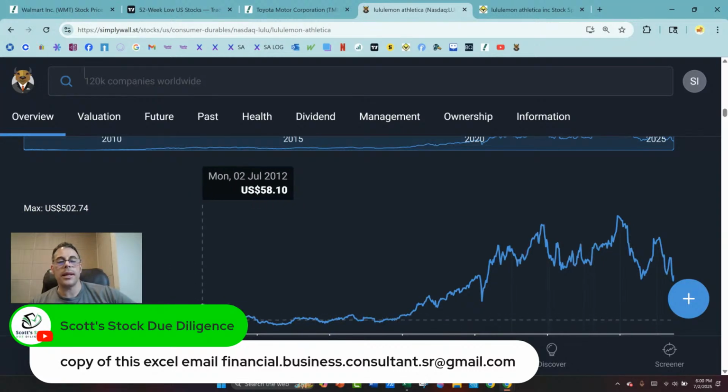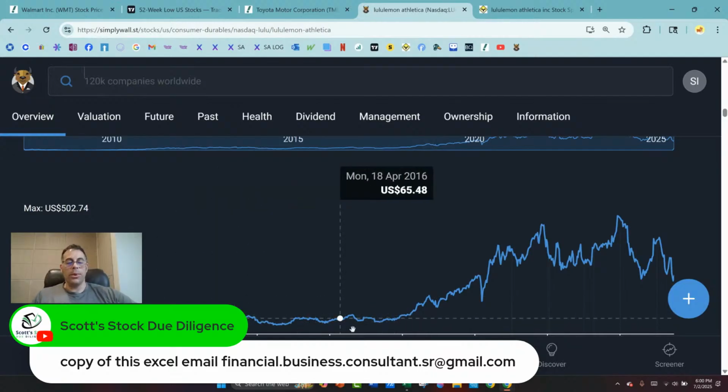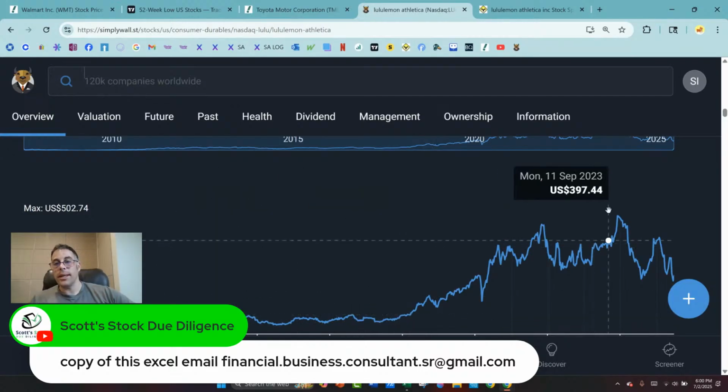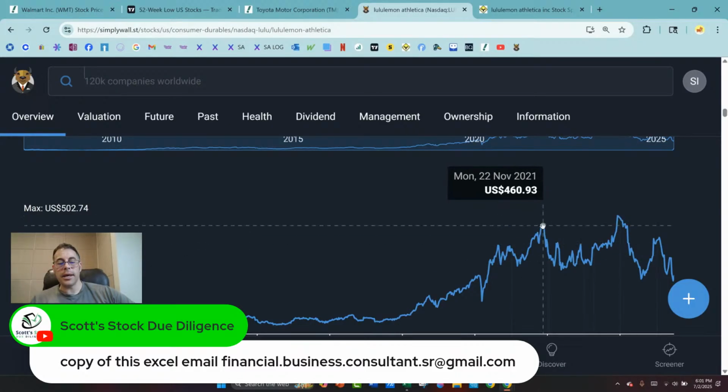So even if you got in 2011, and after like 6 years, it wouldn't have moved too much. It started really taking off in 2018. And the peak was recently. A lot of stocks peaked at the end of 2021, which this did.